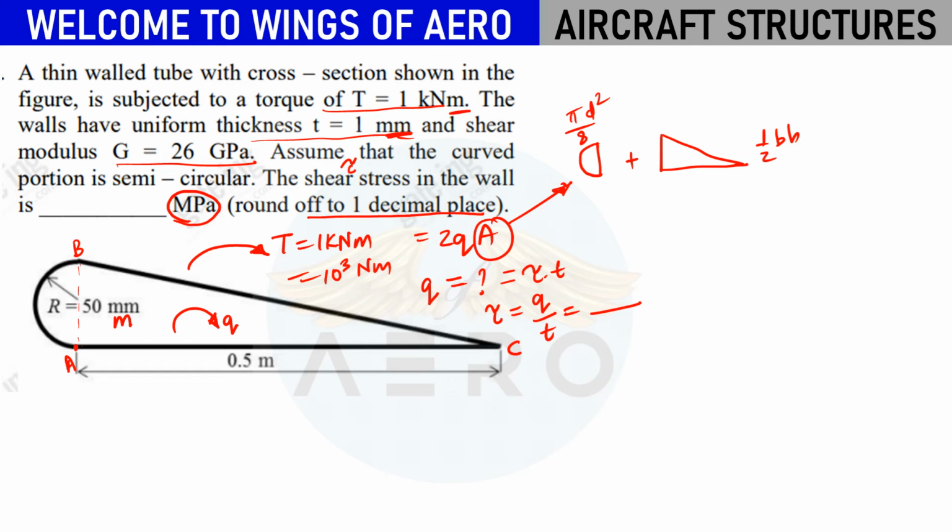Always you need to convert the unit in a proper way. Okay, solve this problem and tell me what is the answer you are getting. So here round off to 1 decimal place.